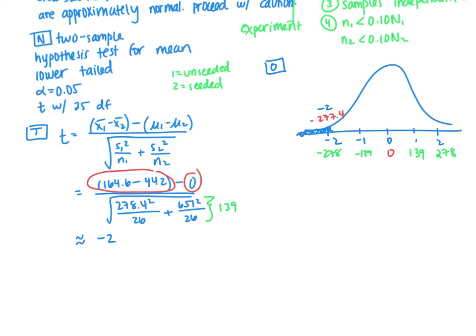So then we are finding the probability that t is less than or equal to -2. On your calculator, as a reminder, you're going to do TCDF. Lower bound, upper bound, degrees of freedom. So, do that now, please.